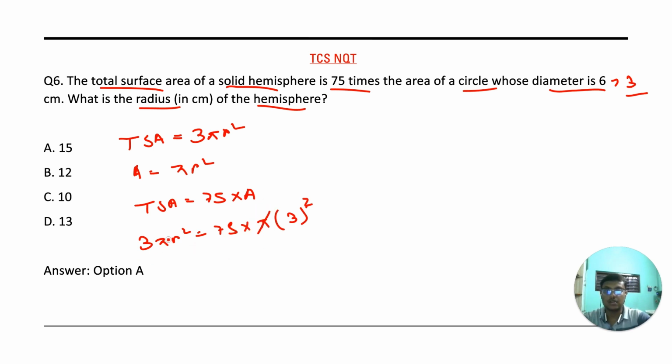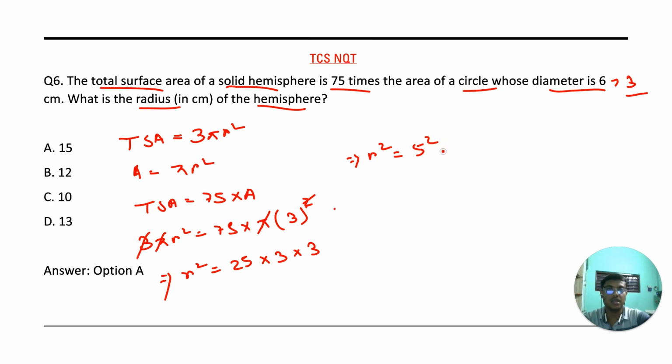as we have calculated the radius as 3. So now you can cancel out the pi from both sides, 3 from both sides, and we have r square equal to, now 75 can be written as 25 into 3, and we have a 3 here.